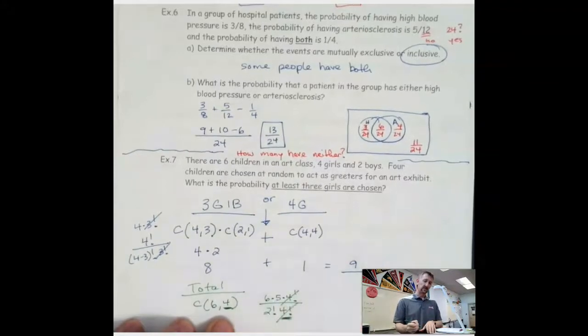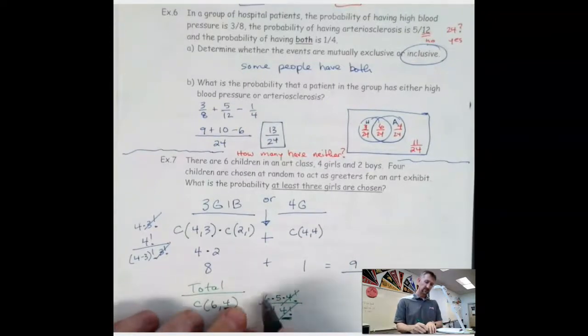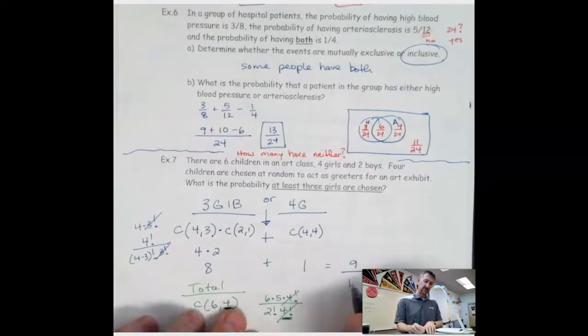So these are going to cancel. 2 factorial is just 2, so 2 goes into 6, 3, right? So that's 3 times 5 is 15. And then that reduces, both those are divisible by 3, so that is 3/5.